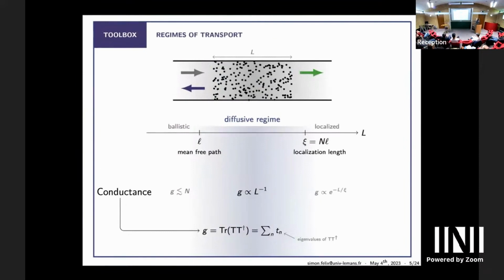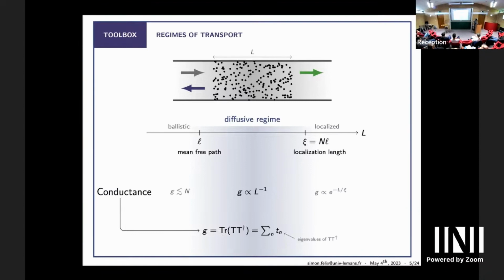I go back to the tools I will use. Classically, when we study transport in disordered media, we distinguish three regimes of transport with one parameter, which is the mean free path, which is a function of the mean distance between the scatterers and the scattering cross-section of each.